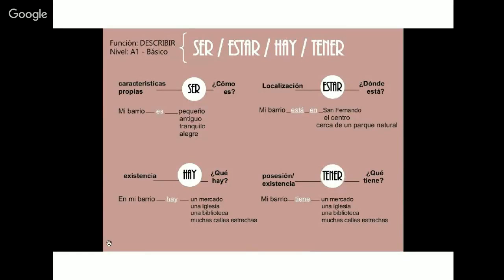Luego, hay. So as we mentioned before, we use it to speak about the existence of something that we haven't mentioned before. En mi barrio hay un mercado. En mi barrio hay una iglesia. En mi barrio hay una biblioteca.